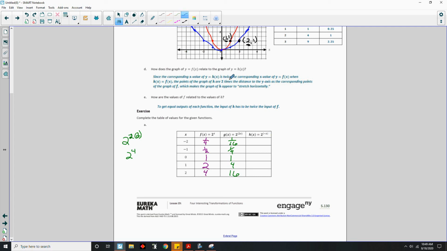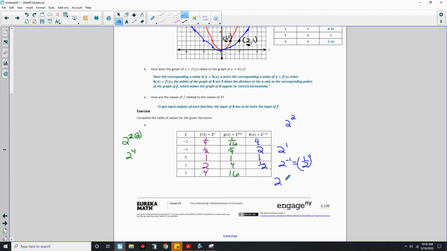Okay, moving on to this one. I'll do that over here. h of x equals 2 to the power of negative x. So this is going to be 2 to the power of negative 2, which is positive 2 squared, which is 4. And then this one would be 2 to the negative 1, or 2 to the 1, so that's 2. 2 to the negative 0 is just 2 to the 0, that's 1. 2 to the negative 1 equals (1/2) to the positive 1, which is simply 1/2.